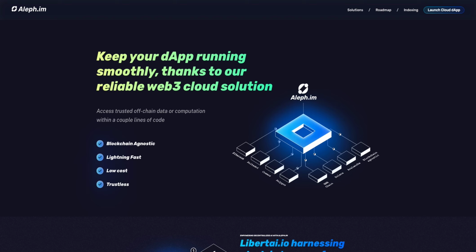To try to put it simply, think of Aleph.im as the decentralized equivalent of a big tech cloud service, but with a little bit of a twist. If traditional cloud services are like massive centralized warehouses that are storing and processing data, Aleph.im is like a vast, interconnected network of countless small storage units and computers, each owned by different individuals across the globe.